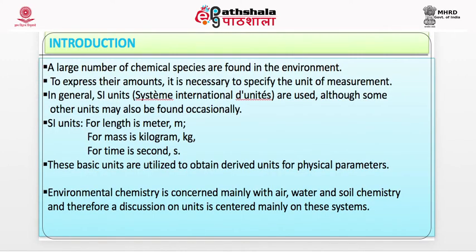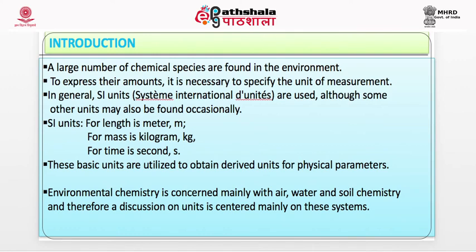The outline: introduction, exponents, environmental concentration units, molarity, number density, mixing ratio, parts per notation by volume (ppmv, ppbv, pptv), parts per notation by mass, mass by volume unit for trace gases in air, microgram per meter cube, concentration conversion from microgram per meter cube to ppb, mass by volume unit for aqueous media, milligram per liter or ppm, conversion from one unit to another, pressure, partial pressure units, and then thereafter suggested readings.